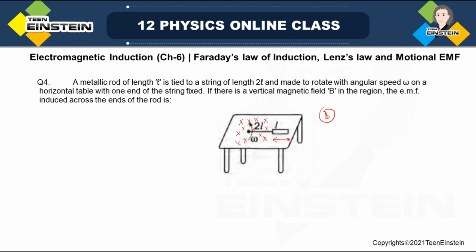Here the options are given. Option A is 2B omega L square by 2. I don't know what the logic is, the 2 can be struck out.